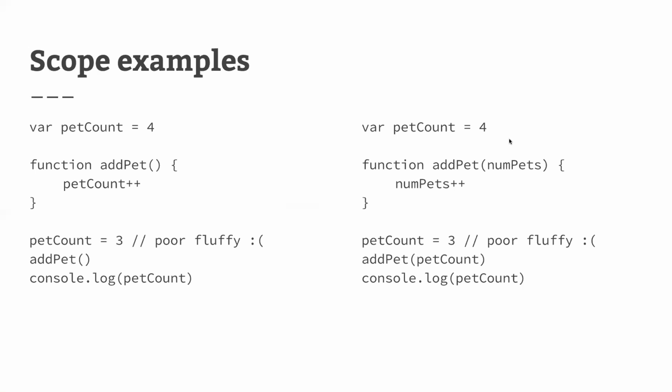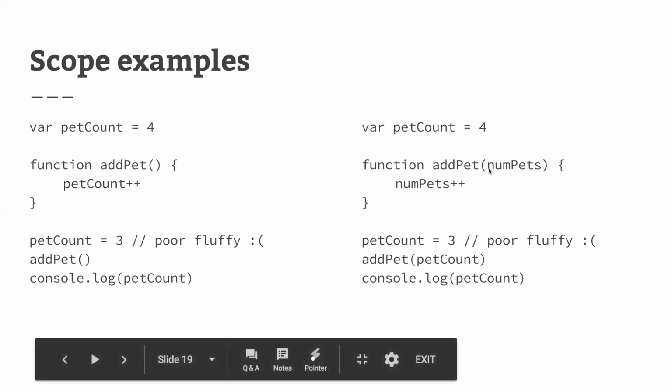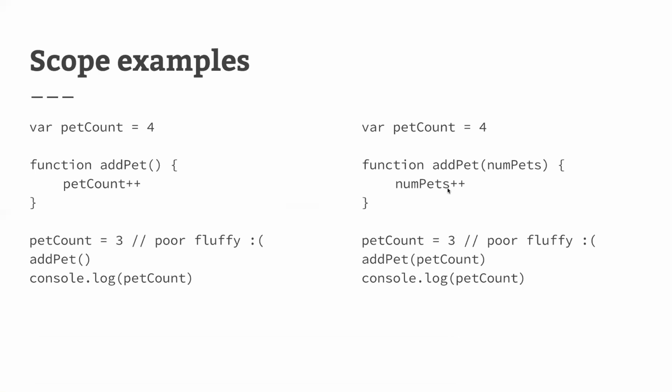I'm feeding petCount into the function, but it is not going to be changed permanently, because once I get into the function, I'm not working with petCount anymore. I'm working with numPets.